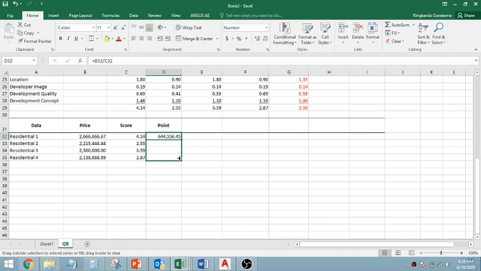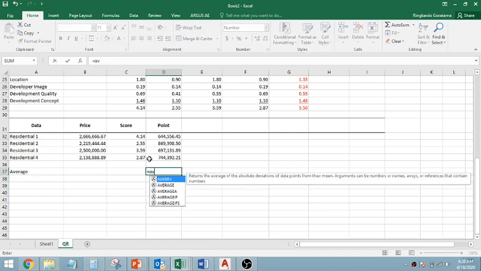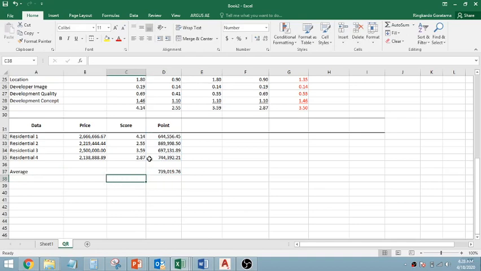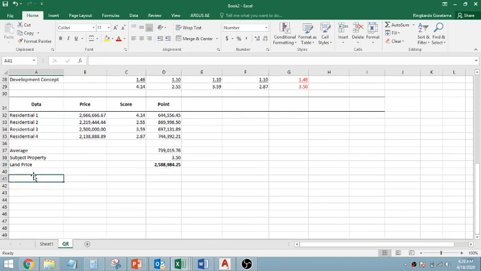Because we already did the weighting, the average will be, and the score for the subject property. So the land price will be, so this is the price for ready to build land. This is our conclusion.